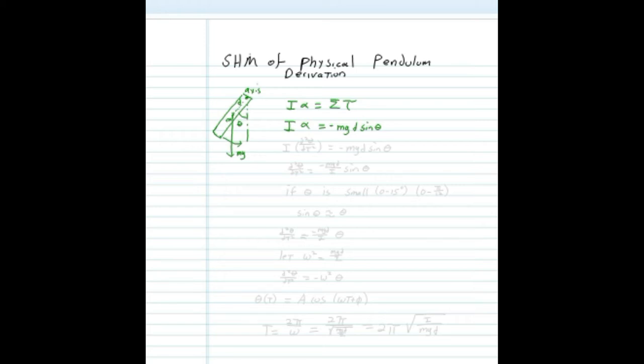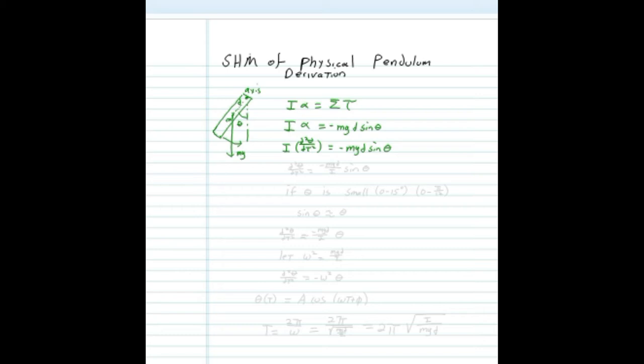Okay. We know that the angular acceleration is the second derivative of theta. So we can write this as the second derivative of theta. Now you'll notice that this is looking pretty similar to the simple pendulum that we talked about before.